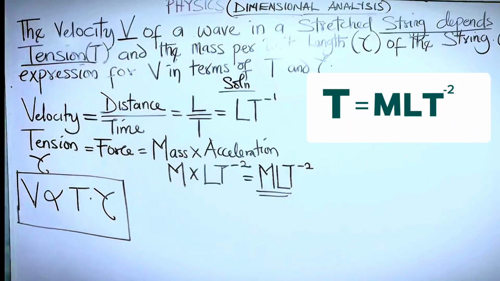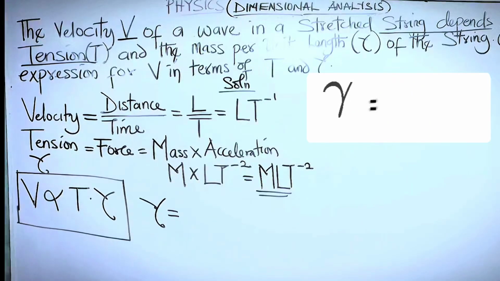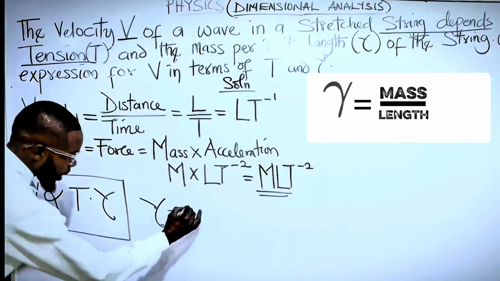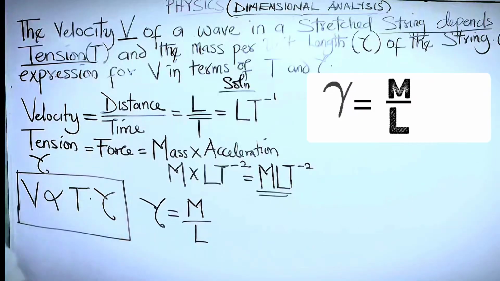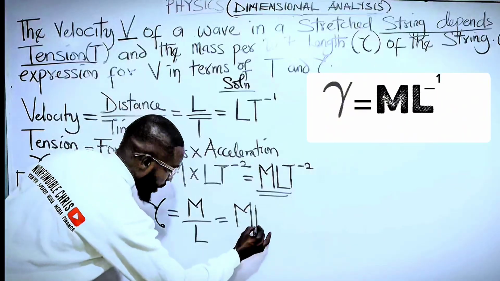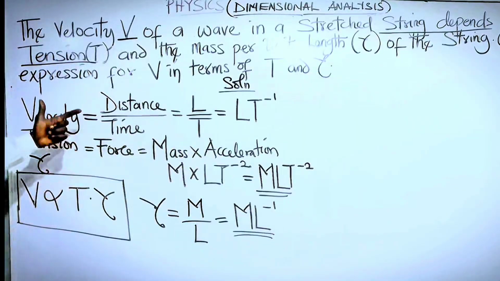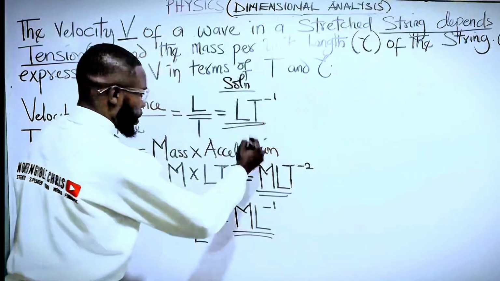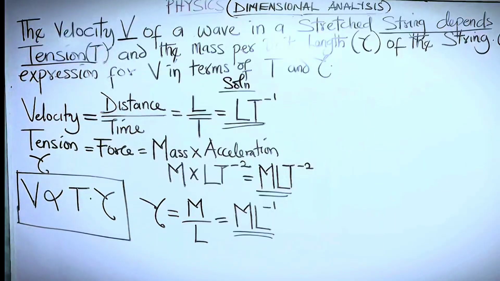That's for the tension. And therefore the gamma, they gave us that it is mass per unit length. It is mass over length. That's what we're given. So take it further. It is simply mL raised to the power -1. Right? So this is what we have, the 3 parameters. The first one for our velocity, second one for our tension, which is a force, and then the third one for this value of gamma.